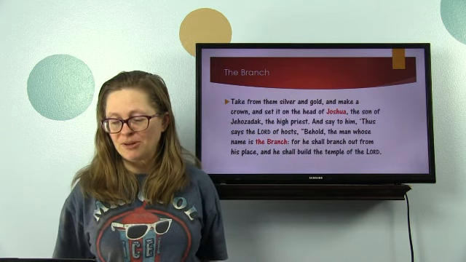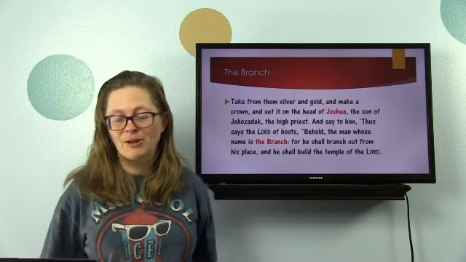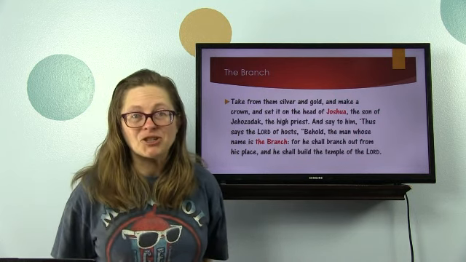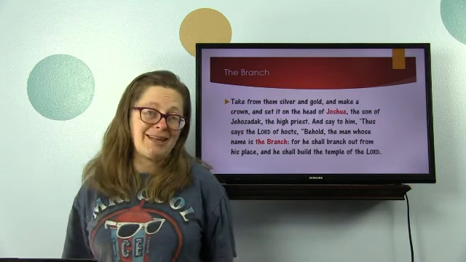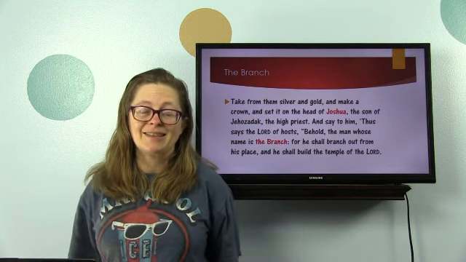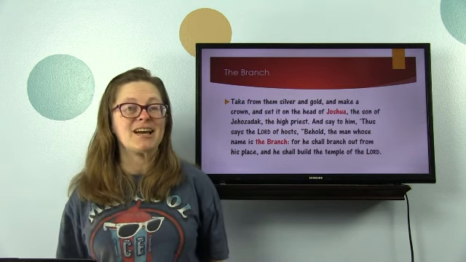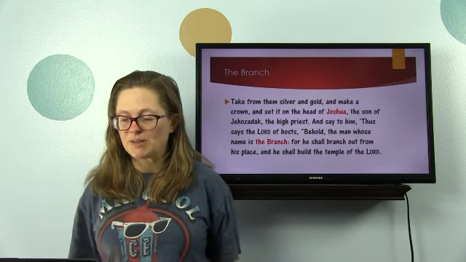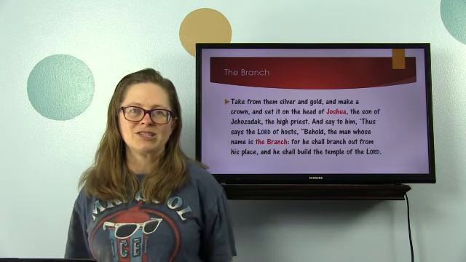For he shall branch out from this place, and he shall build a temple of the Lord. The branch is, I believe it's mentioned 5 times in Scripture, and the ancient rabbis all say that the branch, the netzer, is the Messiah every time it's mentioned. And so this one says, the man whose name is the branch.